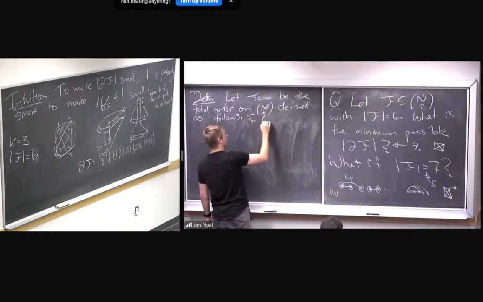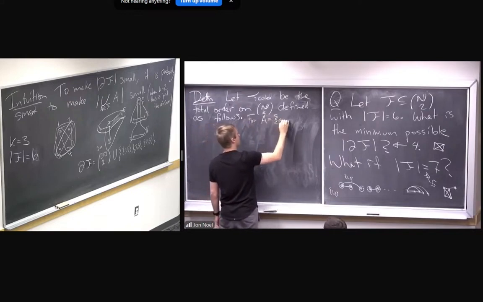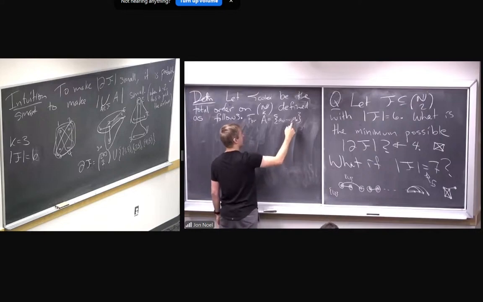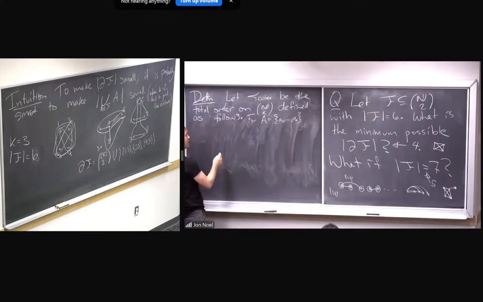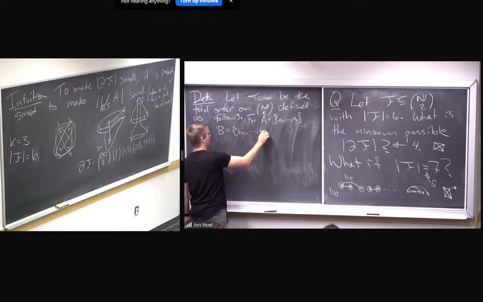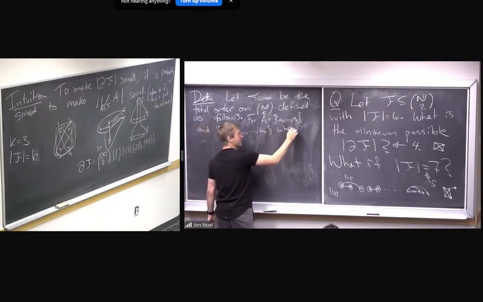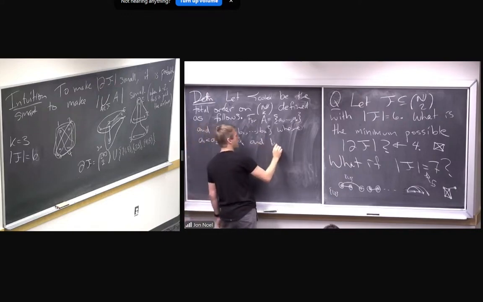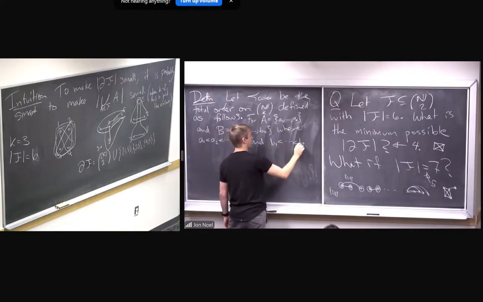So if I've got two sets A, where we write A as little a1 up to little ak, and you can write B as little b1 up to little bk, where we think of these elements as being in order, so little a1 is less than little a2, dot dot dot, up to little ak, and the b's are in order.